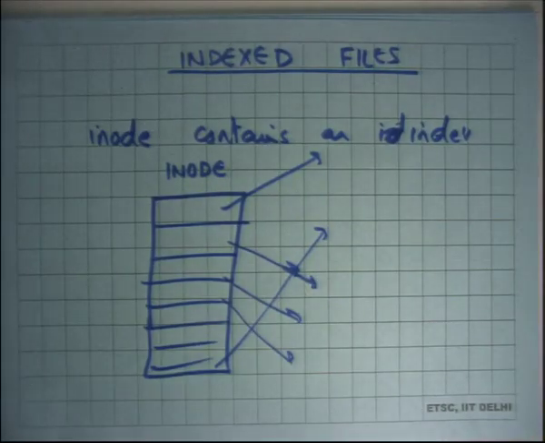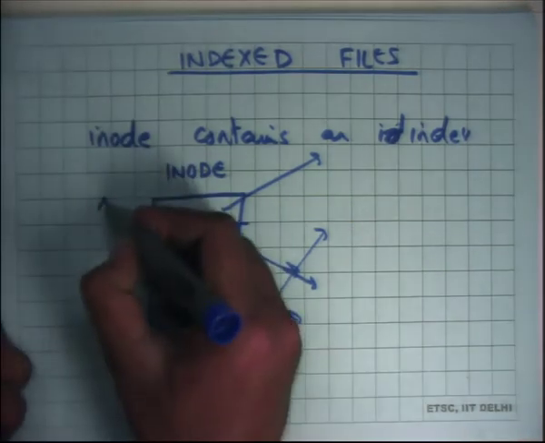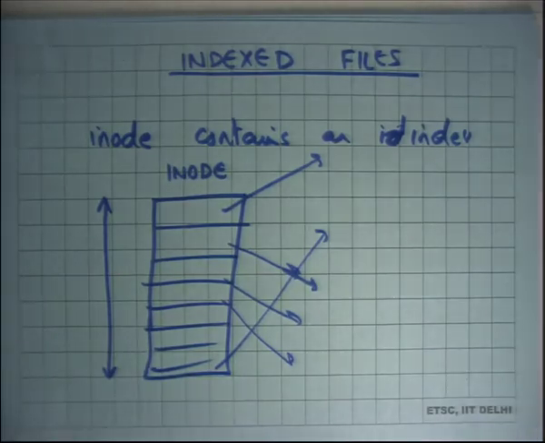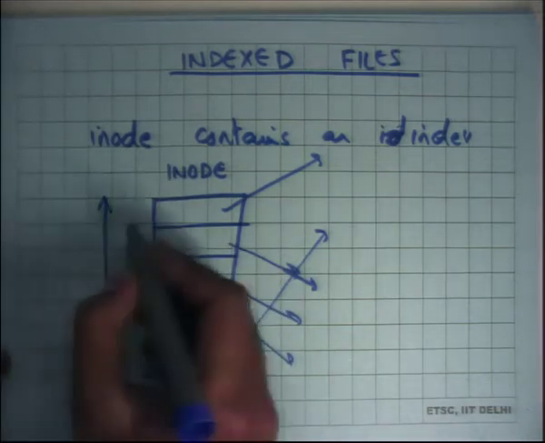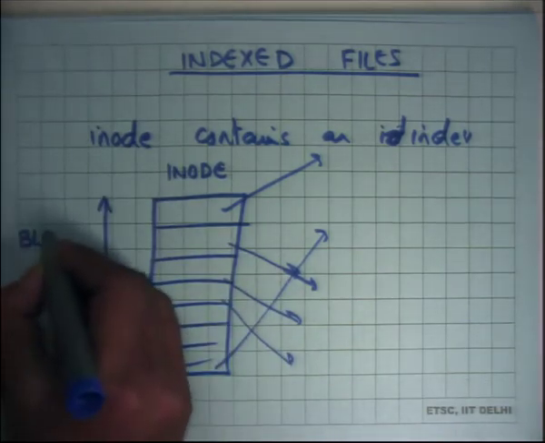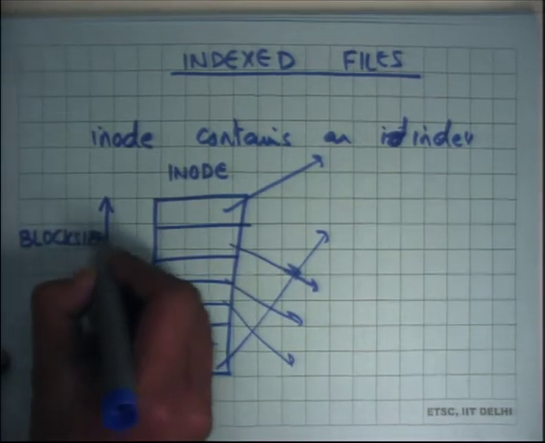So what's the problem? Firstly, how big can the index be? You would want the index, or the inode, to not be bigger than the block. So the size of your index is block size divided by entry size.